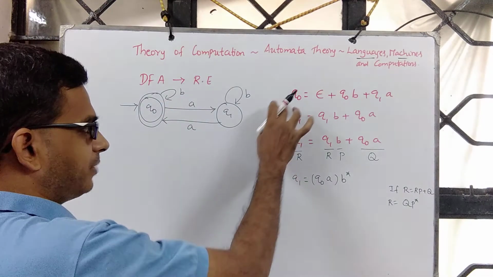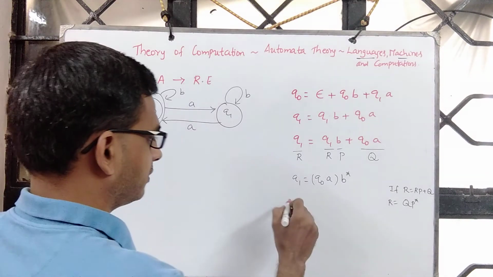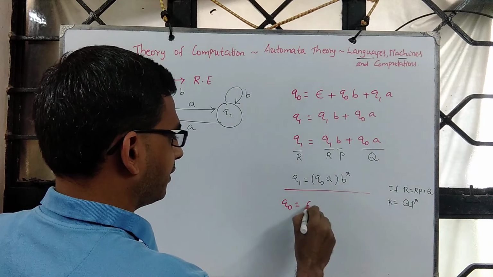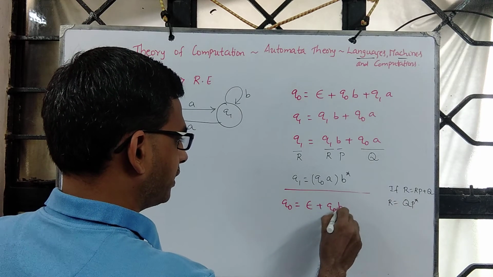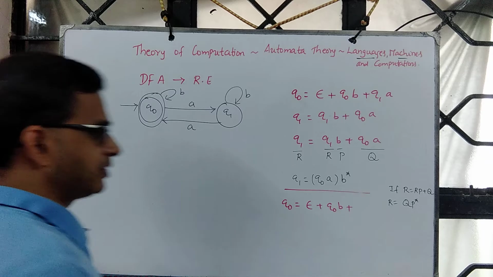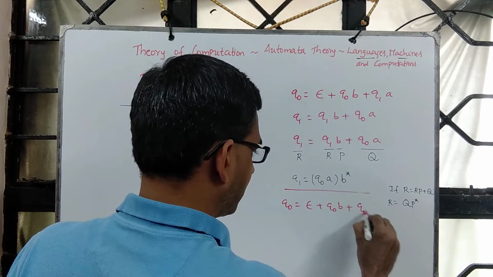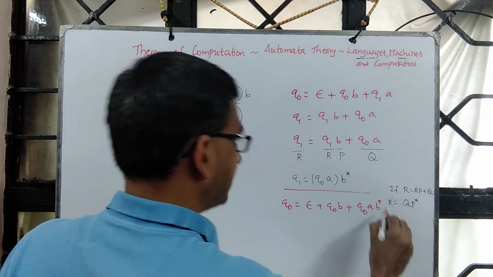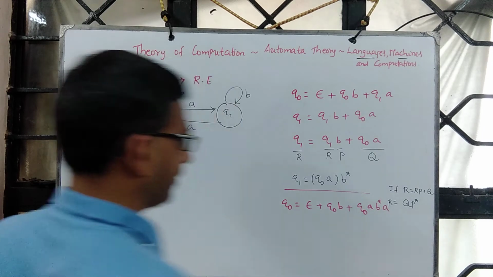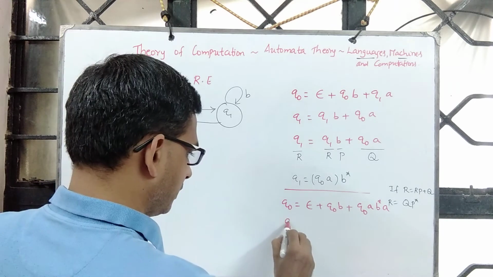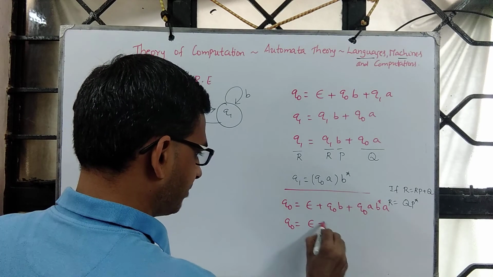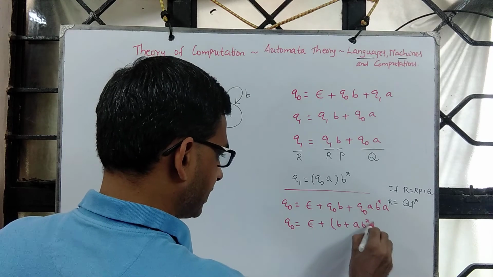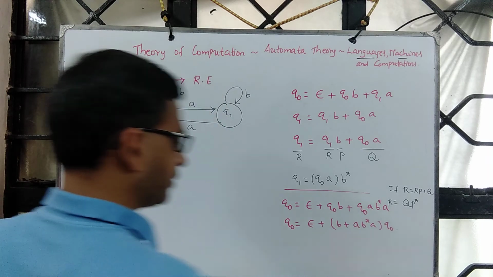And let's employ this here. Substitute in the first equation. We get epsilon plus Q naught B plus, in place of Q1 substitute Q naught A B star followed by A. This can be simplified to epsilon plus B plus A B star A times Q naught.